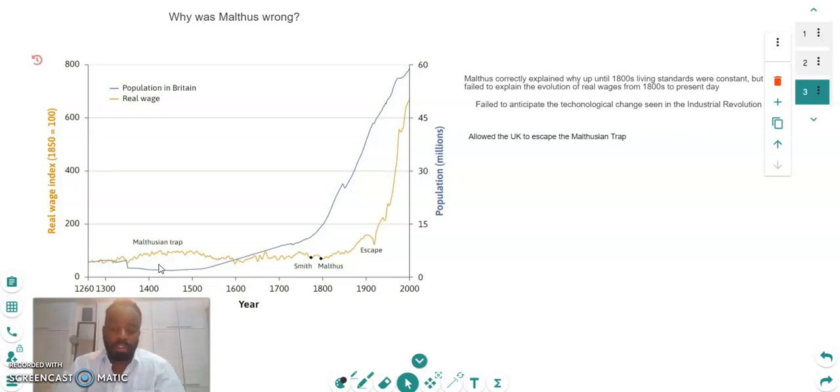Basically, in the Industrial Revolution there was such great advancement in technology that they used such powerful machines relative to what was used before. Farmers went from using hand shovels to big powerful machines that could do all the work for them. So the technological change was so great that they managed to offset this concept of diminishing average product of labour. This allowed UK workers to escape the Malthusian trap. Thank you very much for listening.